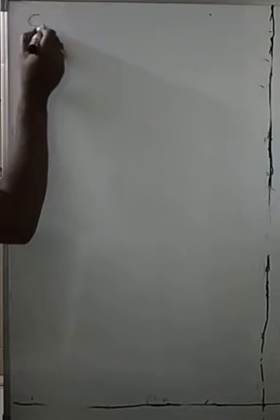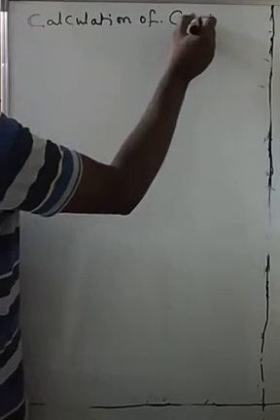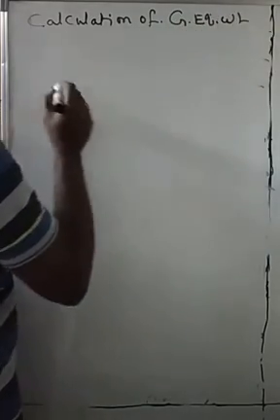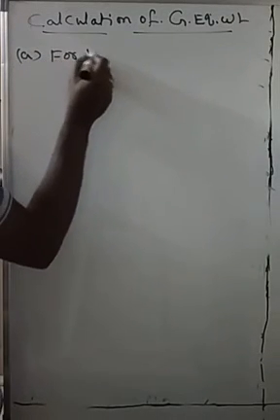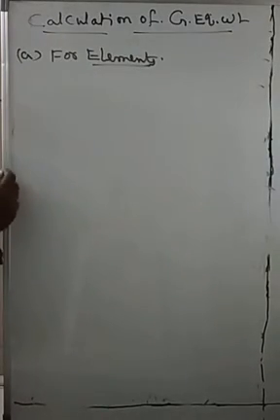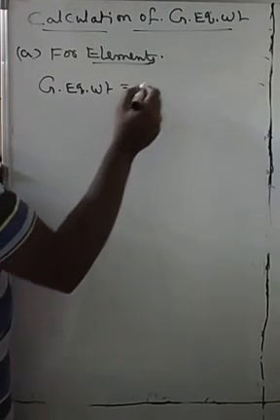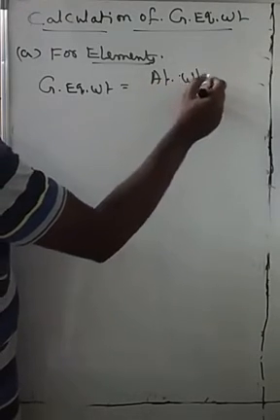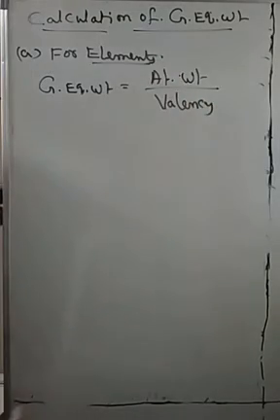Now take the substances, first, elements. Calculation of gram equivalent weight for elements uses the formula: gram equivalent weight is equal to atomic weight by valency.